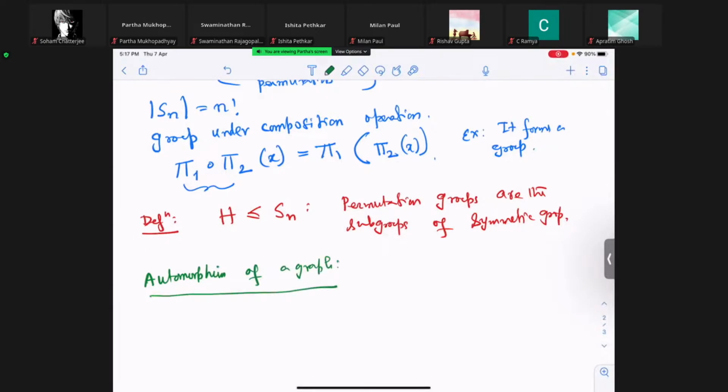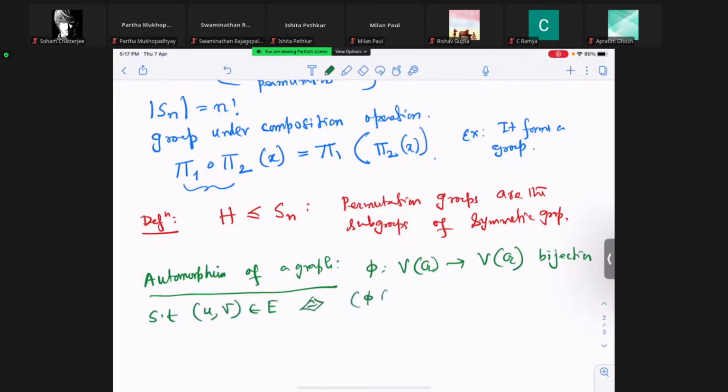So an automorphism of a graph is a bijection from the vertex set to the vertex set such that phi maps edges to edges. Such that if uv is an edge, then phi(u) phi(v) is also an edge.